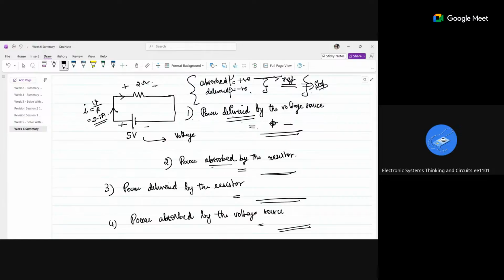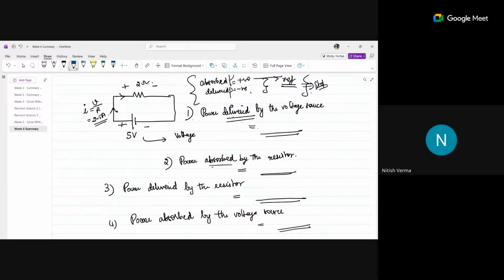So is the voltage source delivering the power? Yes. So I will write it as positive. If they didn't mention delivered, then we will write minus to verify that it is delivered actually.